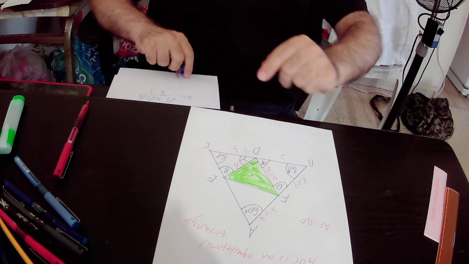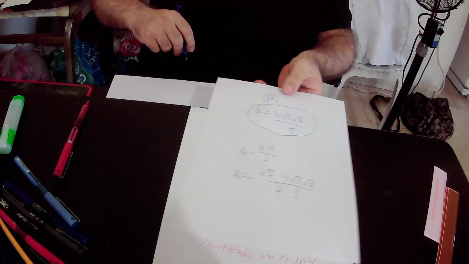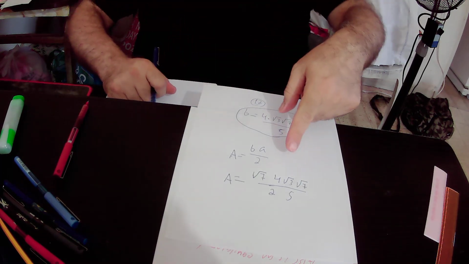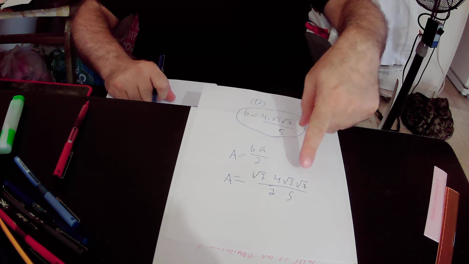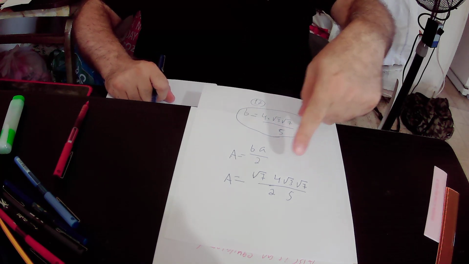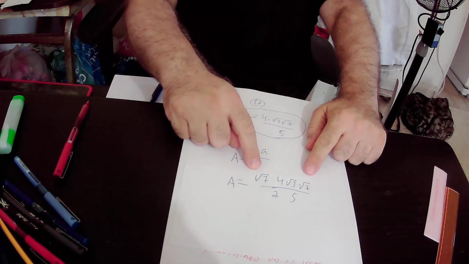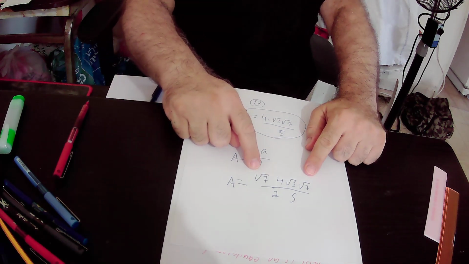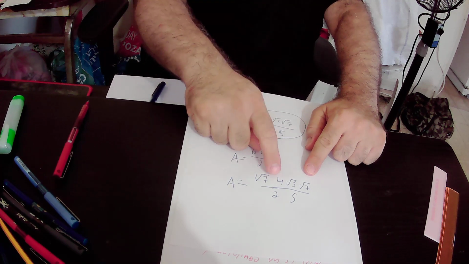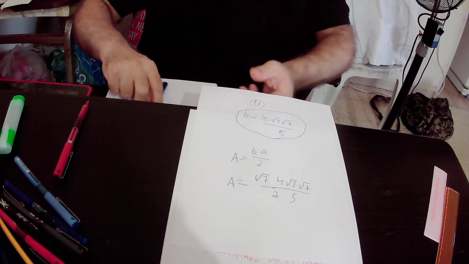So the area of the green triangle equals root of 7 times 4 times root of 3 times root of 7 over 2 times 5. Here root of 7 times root of 7 is 7, and 4 over 2 is 2. So I will write it down.